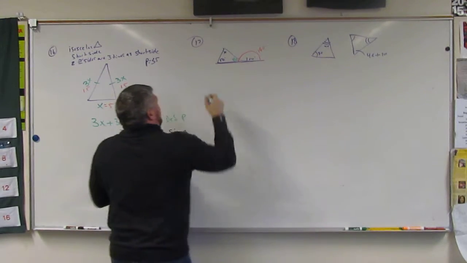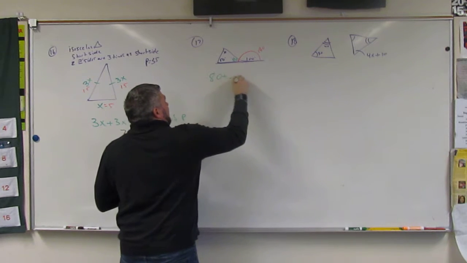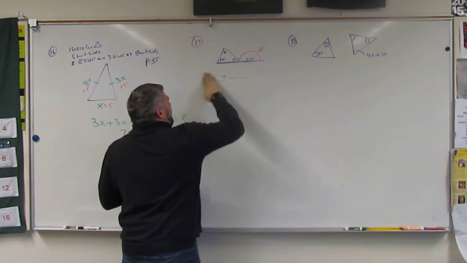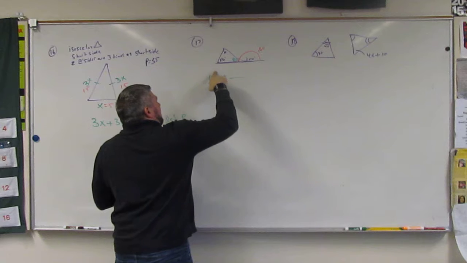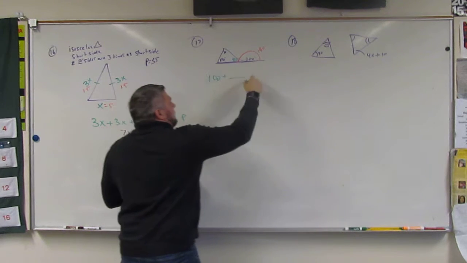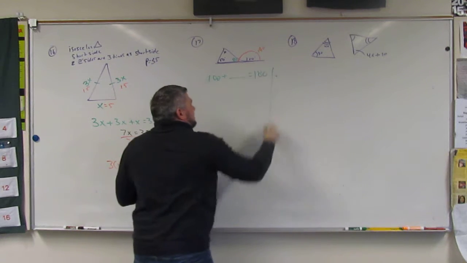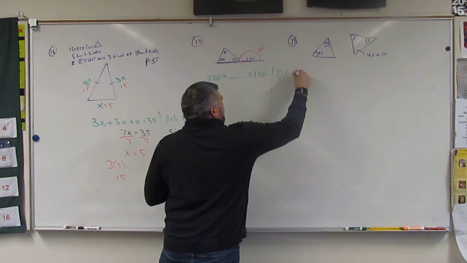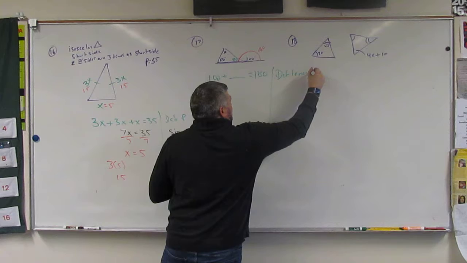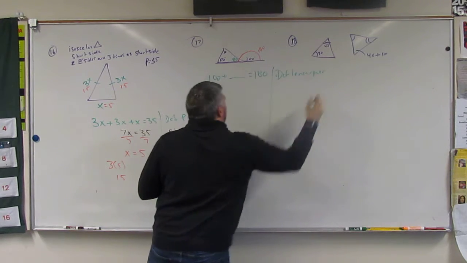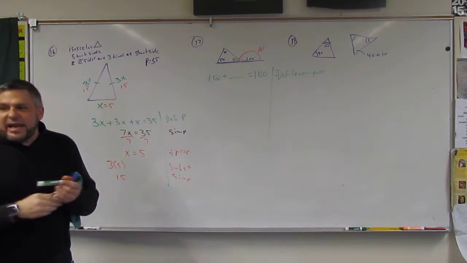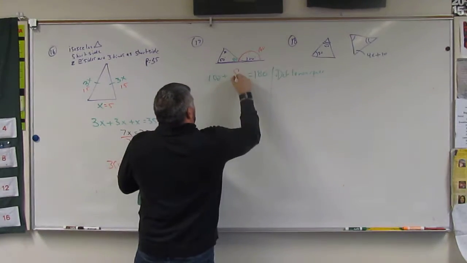You're saying 100 plus some number equals 180, and that is the definition of a linear pair. And so you said that that's 80. Alright, that's cool.